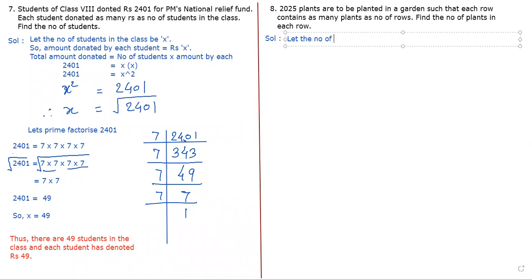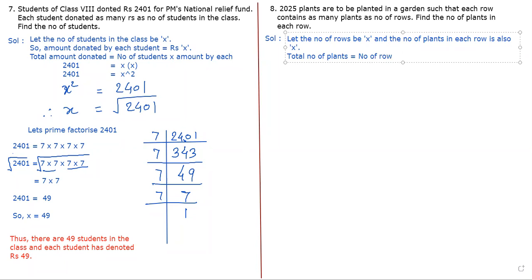Yes, sir. So let the number of rows be X and the number of plants in each row is also X. Yes or no, children? Yes, sir.